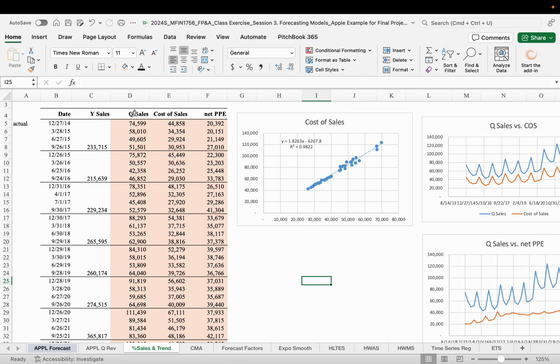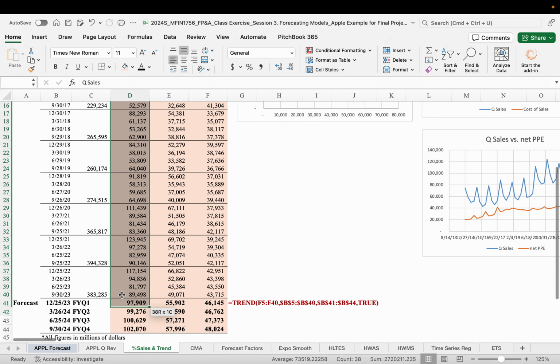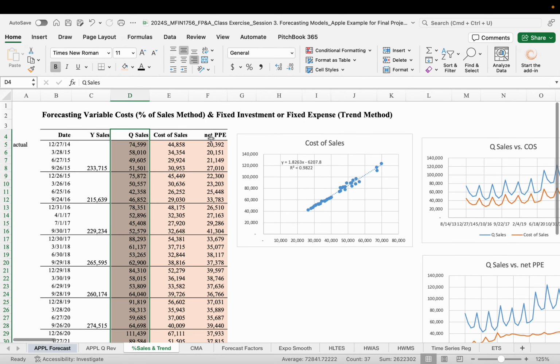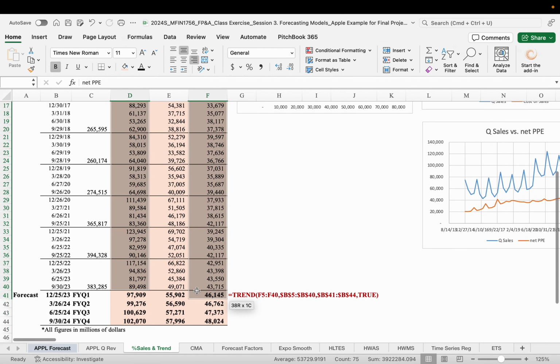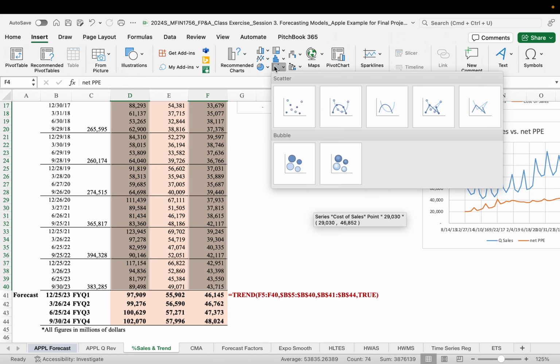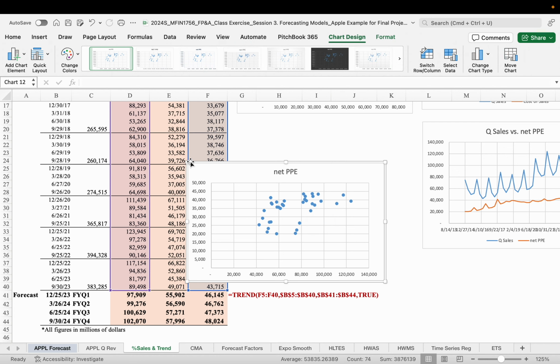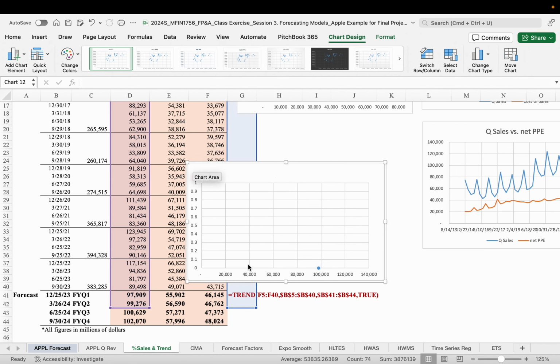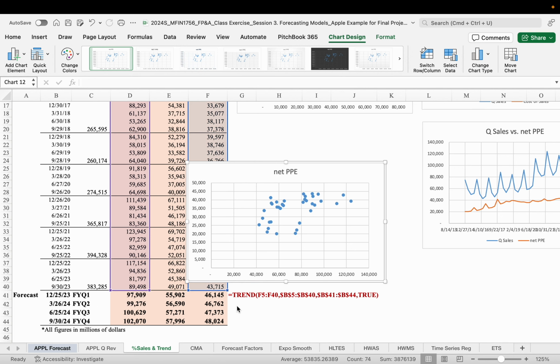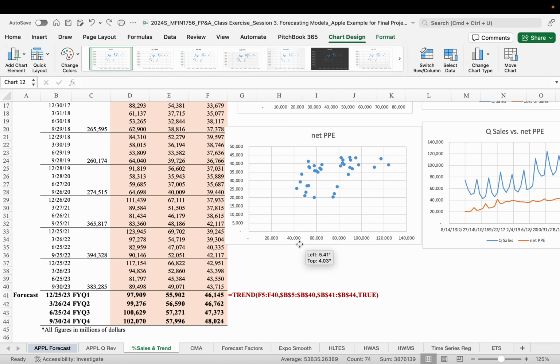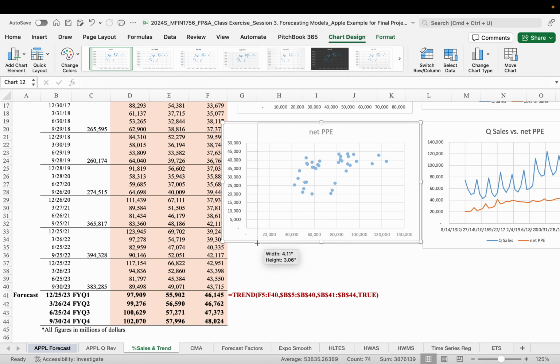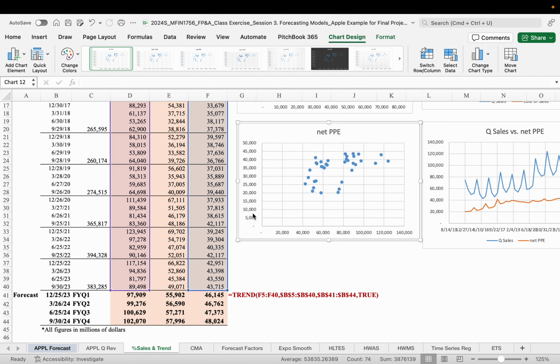If you want to draw the sales and net property, plant, and equipment, also insert a scatter chart. In this case, I don't want to revise the y and x-axis because the net property, plant, and equipment is the source of the sales, right?